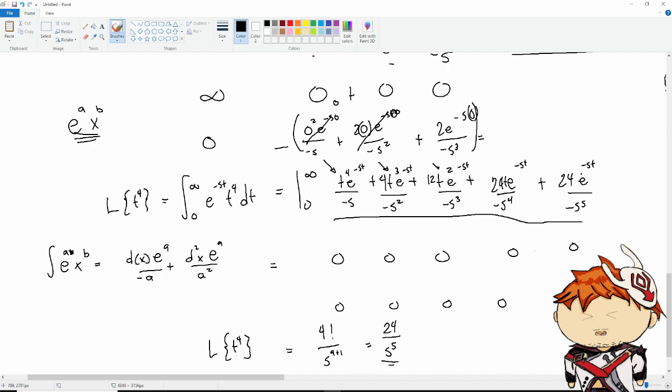There will be a pattern like that, alternating signs. It depends, positive and positive.